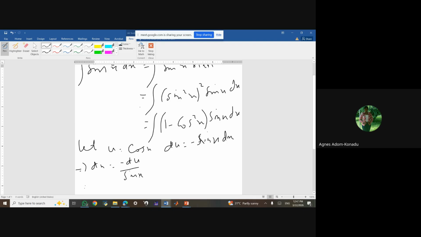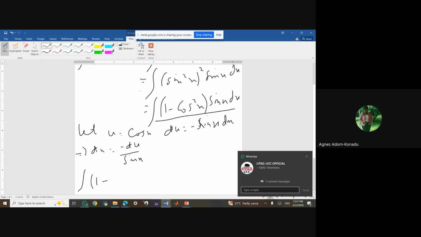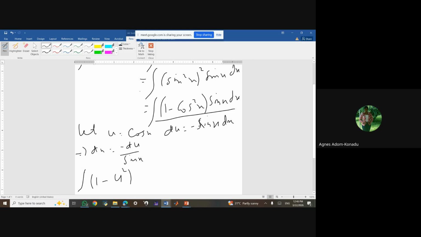So I go back and I substitute everything here. So this is the same as the integral of 1 minus, remember I'm saying that u is equal to cos x, so this is u squared. Then I have my sine x. I will not change this because I can see that something can cancel out, so I will leave that one.